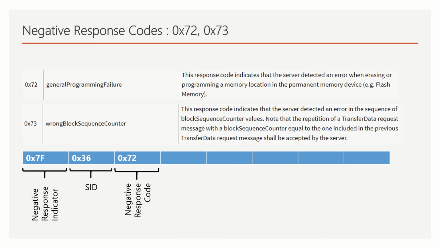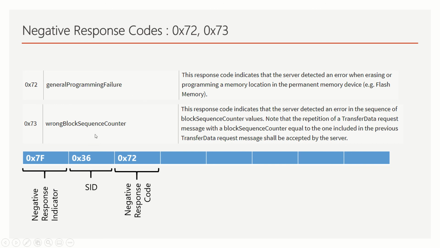Next are NRC 72 and 73. These are linked with the download request, whenever you perform 34, 36, 37 requests. Let's say you are not able to perform the erase or program operation because of some issue, then we send NRC 72, which is general programming failure.